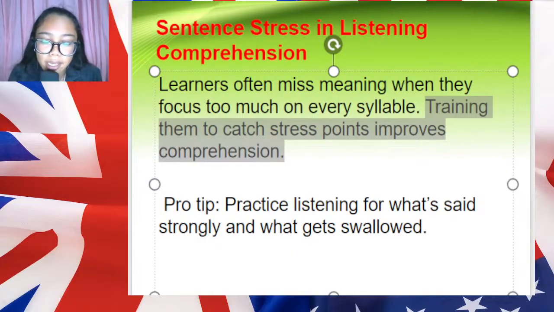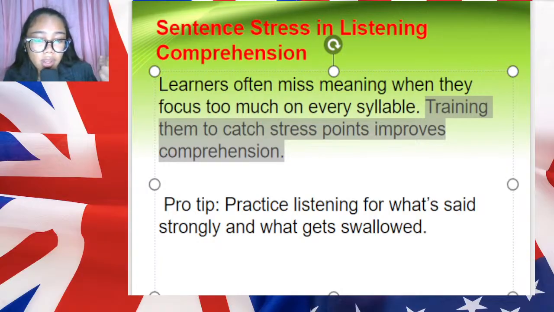The function words like articles, prepositions, or auxiliary verbs that are often reduced or pronounced very quickly in natural fast speech. So, native speakers don't emphasize them because they don't carry the main information. By focusing your listening energy on those strong words, you'll find it much easier to extract the core message and follow the conversations more effectively.